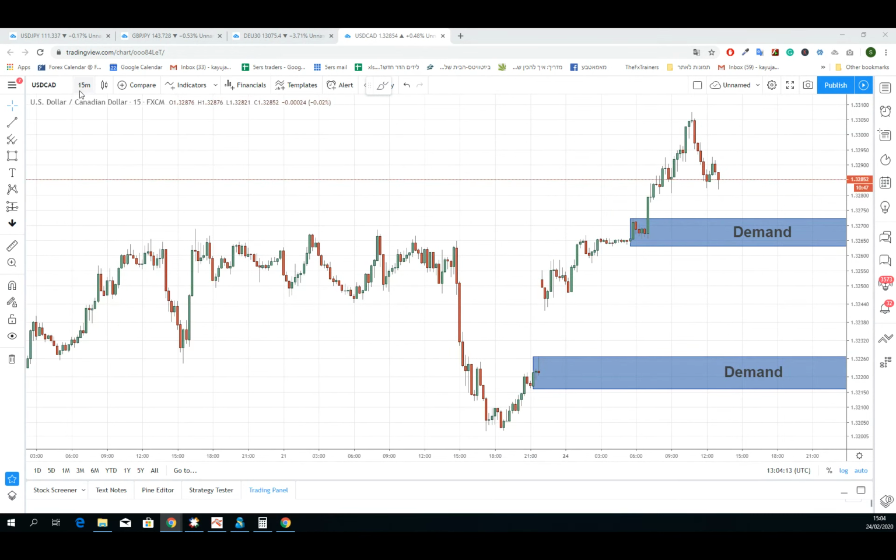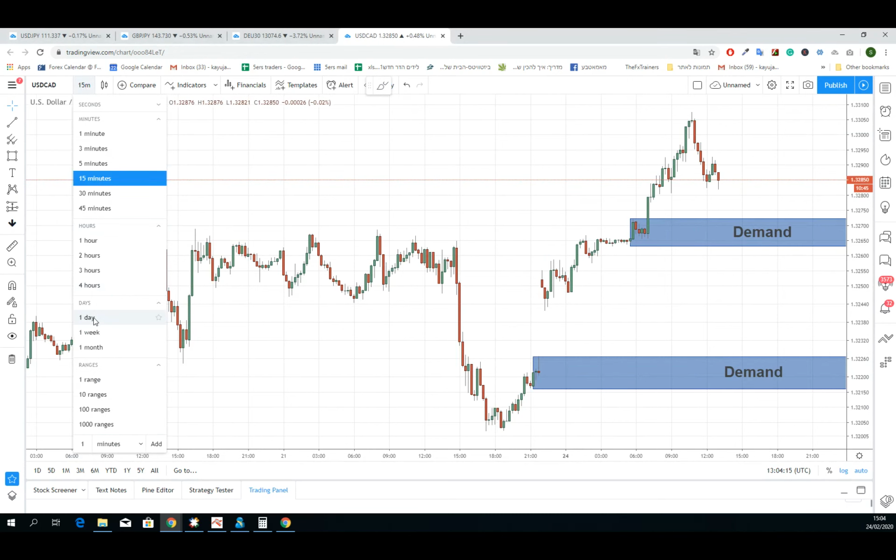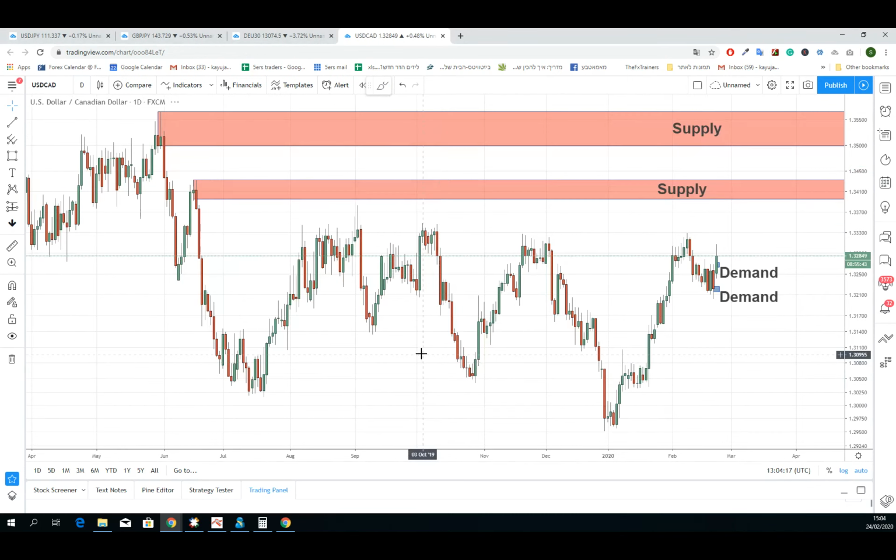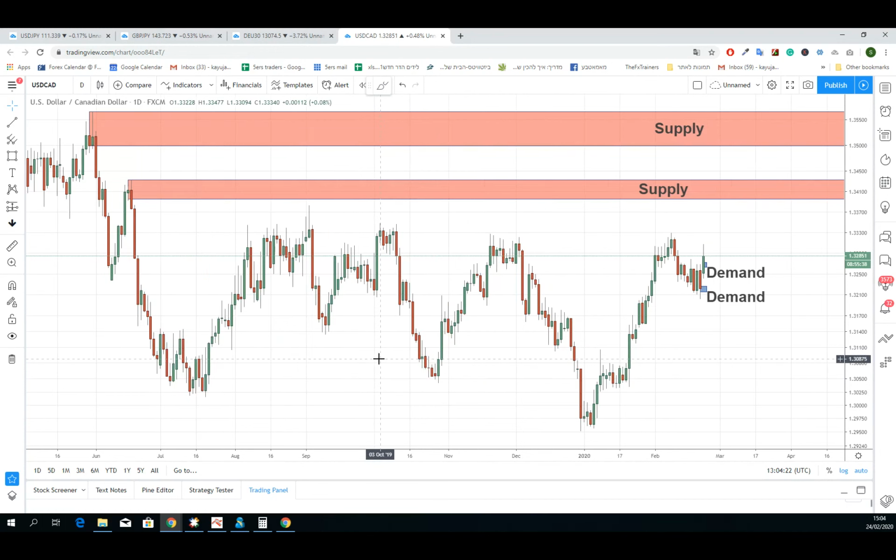I will just change to the daily chart in order to see the wide picture of the price. As you can see here, the two small demands that we marked on the 15 minutes.